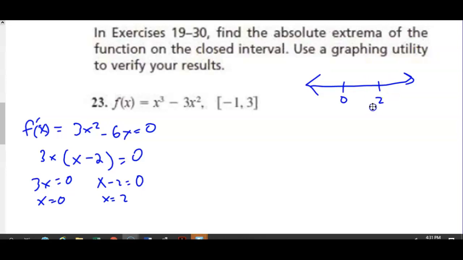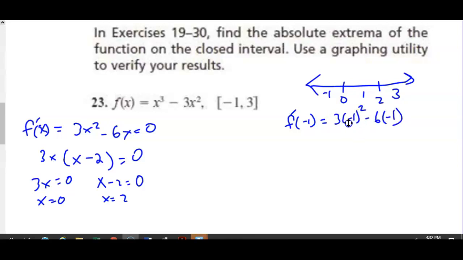So we got to test some values: -1, 1, and 3. So we do f prime of -1. That's going to be 3 times -1 squared minus 6 times -1. Oh, squared, sorry.